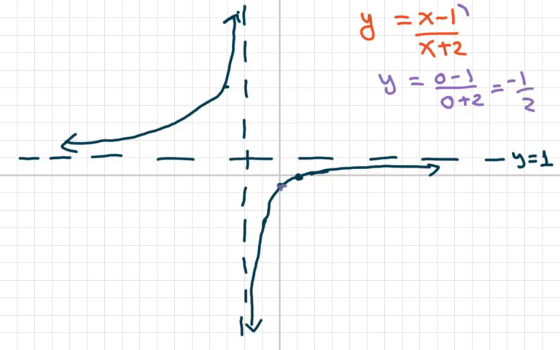So that's your y-intercept here. When you set y equals 0 to get your x-intercept, you cross multiply, and you're just going to get (1, 0), which is here.